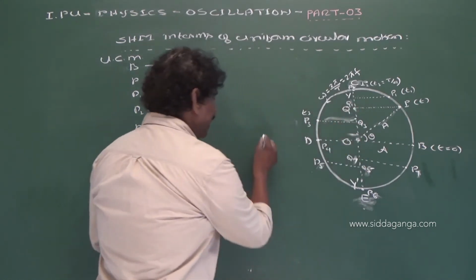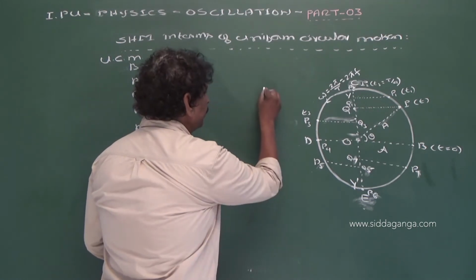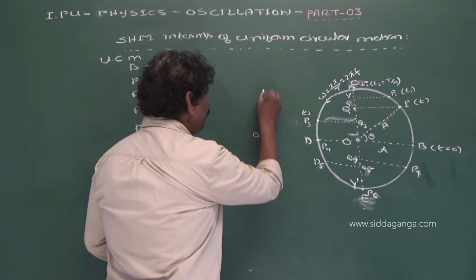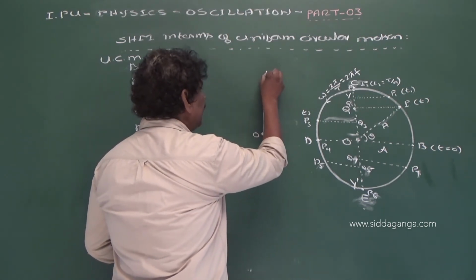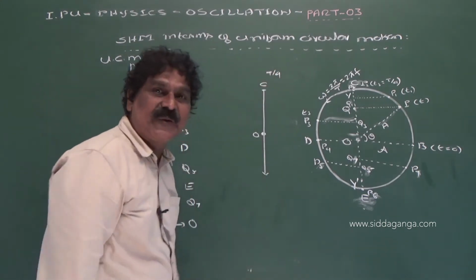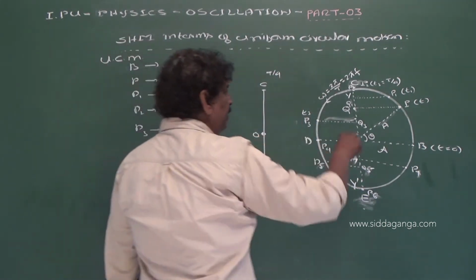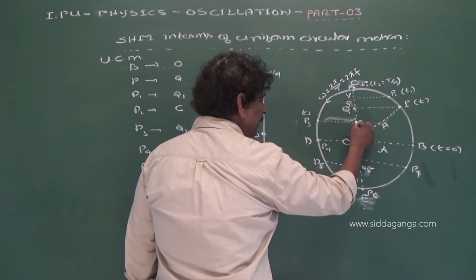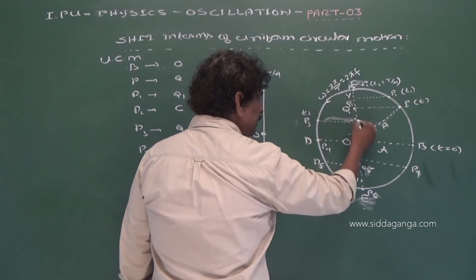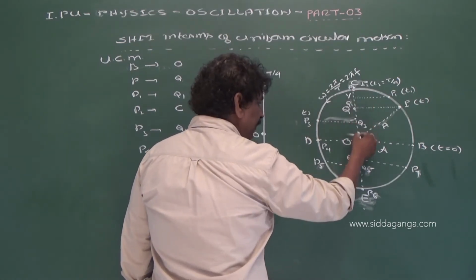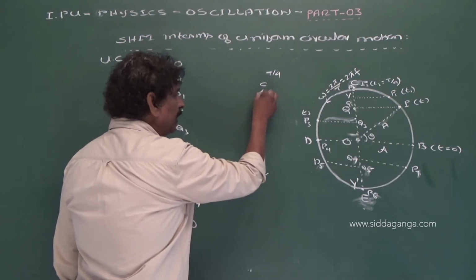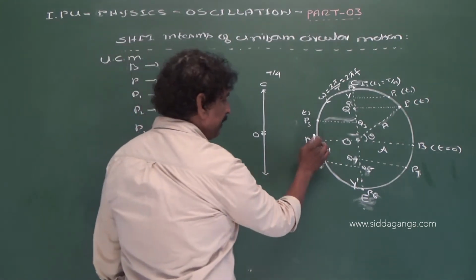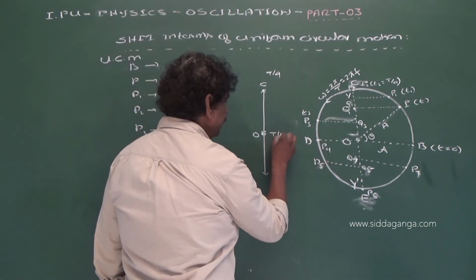Now, the particle moves from O to C in a time period T by 4. Again, P2 to Q3, and this is C to Q3, Q3 to O. It's upward and downward. Now, when the particle is at D, the time taken is T by 2.